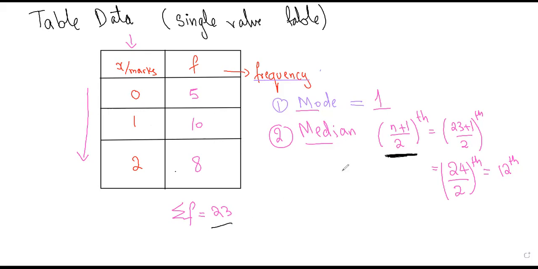N was 23. 23 plus 1 by 2 would give you 12th term. Where exactly is the 12th term? We have first, second, third, fourth, fifth term here. Then 6th, 7th, 8th, 9th, 10th, 11th, 12th. 12th term is here. Okay. So 12th term would be 1. Right? So median is going to be 1 in this case.